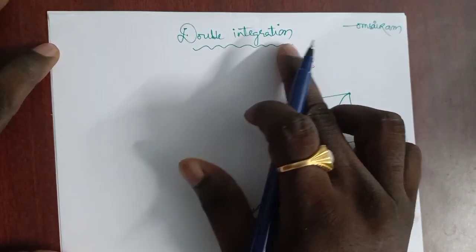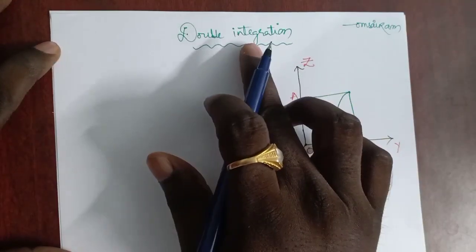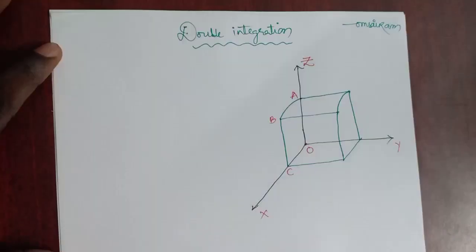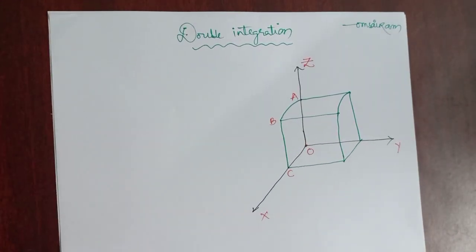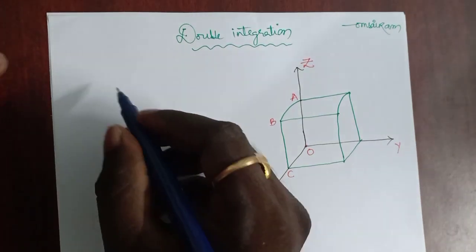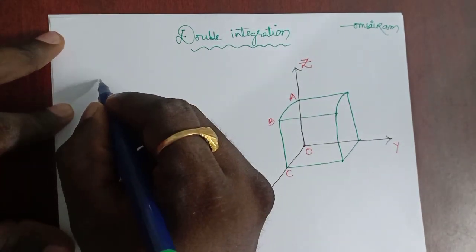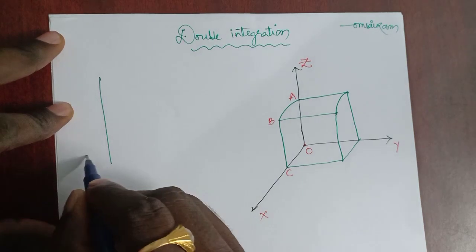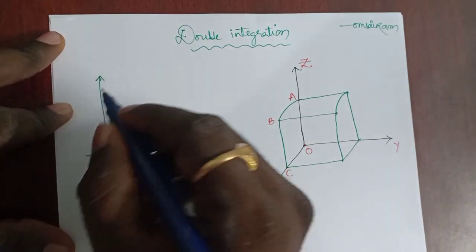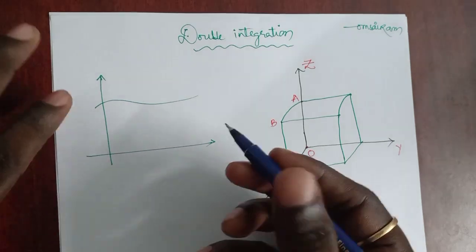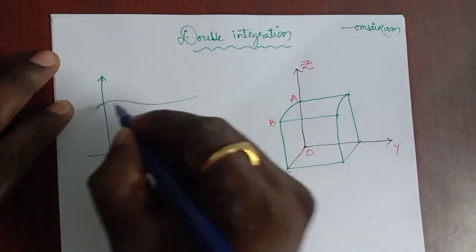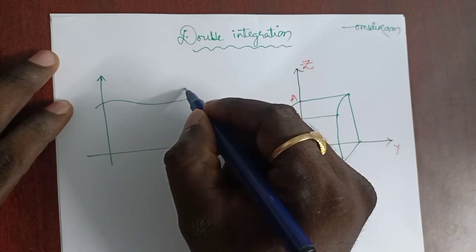So what is integration? Integration gives the area under the curve. Suppose a curve is like this, and we need to find the area under this curve.